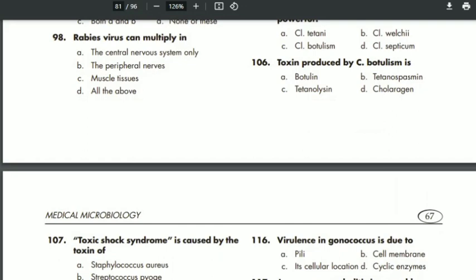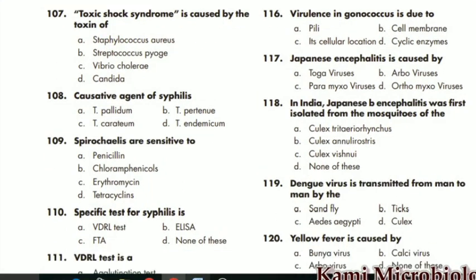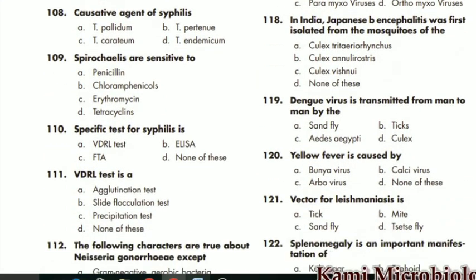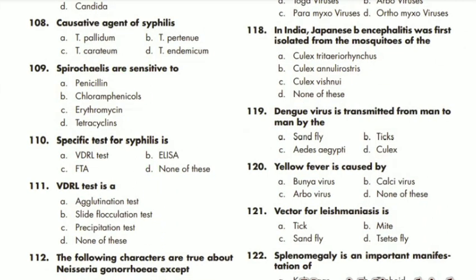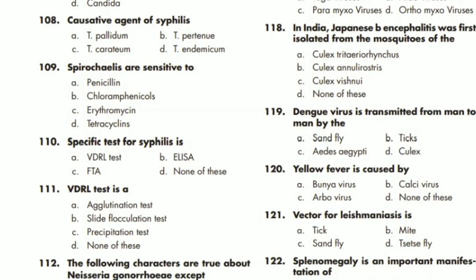C is the correct option. 107 MCQ says that toxic shock syndrome is caused by Staphylococcus aureus. That is the correct option. 108 MCQ says the causative agent of syphilis is T. pallidum. A is the correct option. 109 MCQ says the spirochetes are sensitive to chloramphenicol. B is the correct option.